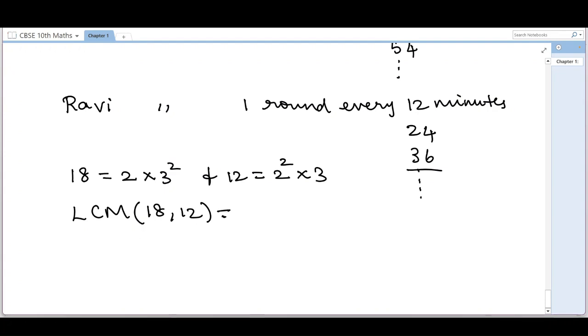So LCM will be 2 square into 3 square, which is nothing but 36. So thus we have determined the least time both of them can meet at the starting point by using the idea of LCM.